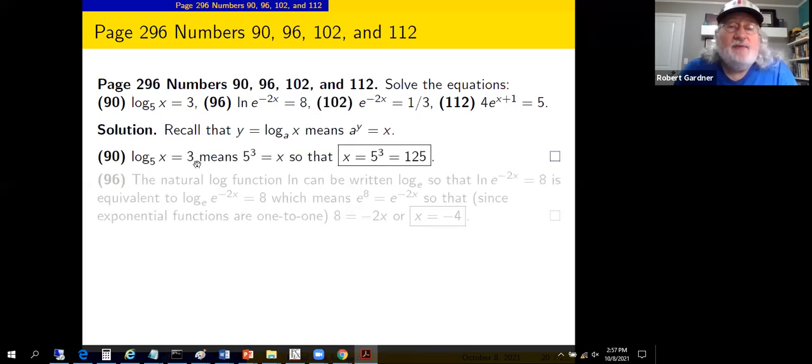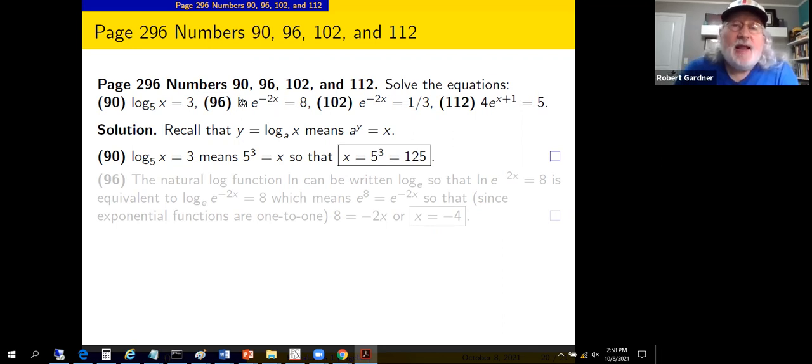Log base 5 of x equals 3 means the base 5 to the other side of the equation, power y, 5 cubed equals x, the thing inside the log. Simply following this pattern again, x equals 5 cubed, 5 cubed is 125. There's the answer to that one.